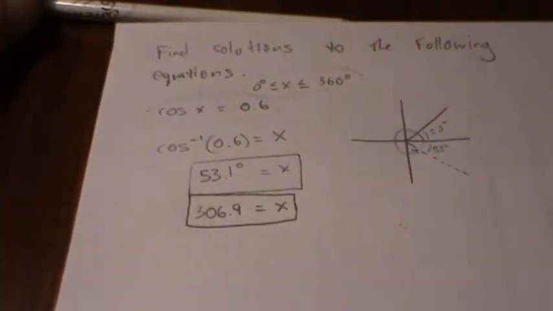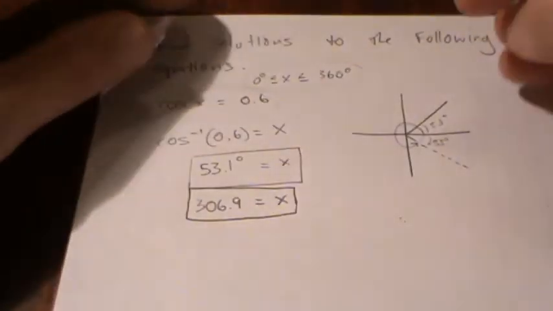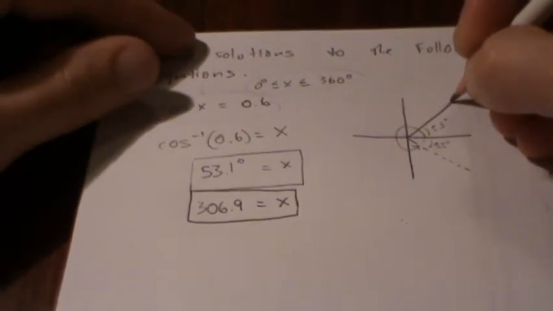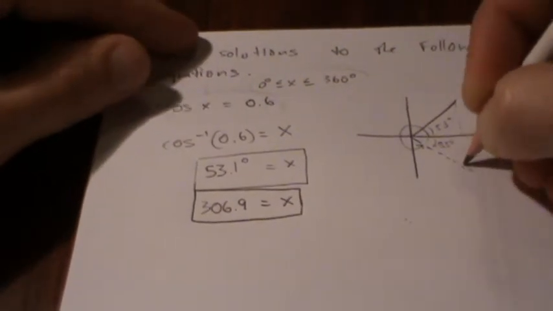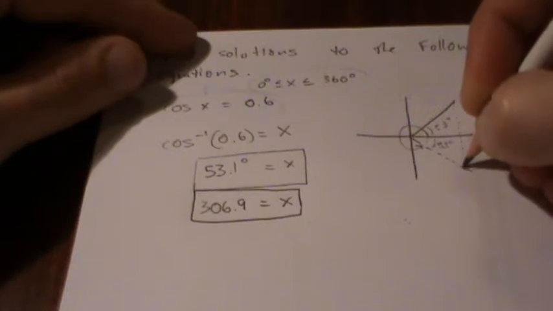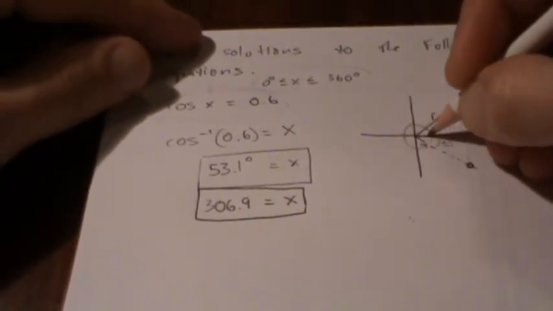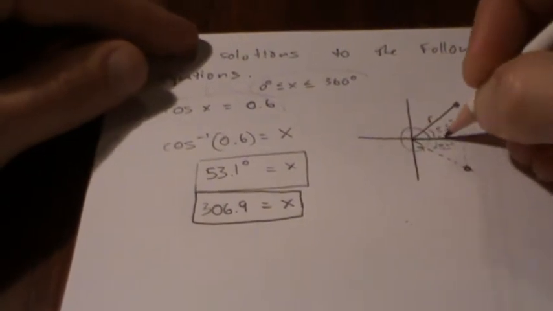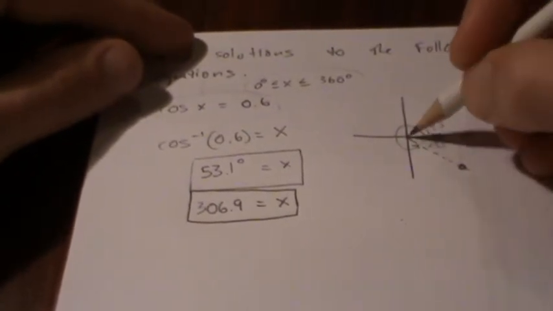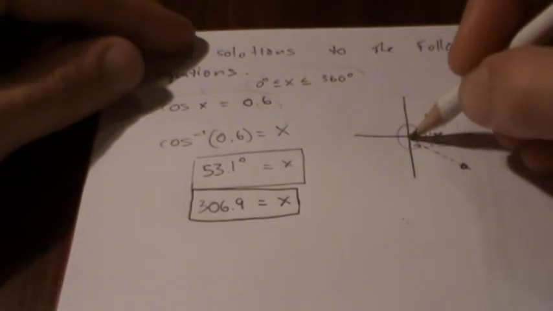Let me show you why. I'll show you in class, but I'll show you again. Remember that the cosine function has to do with the radius and the x value. It's the x value divided by the radius.